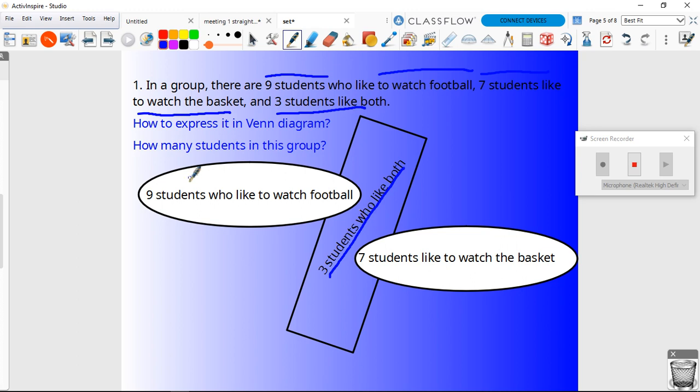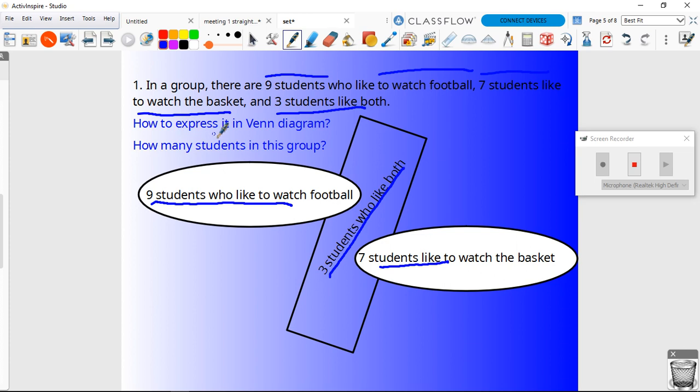So when the teacher asks who likes football, they vote for football, and when the teacher asks who likes basketball, they will raise their hand as well. So this is the problem.